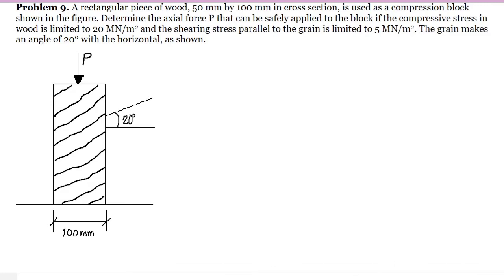Yung nakikita natin dito, ito yung grain na tinutukoy niya. And this force P here is perpendicular to the cross-sectional area wherein this 100 mm is the width, and kung i-visualize natin ay ito yung itsura niya.